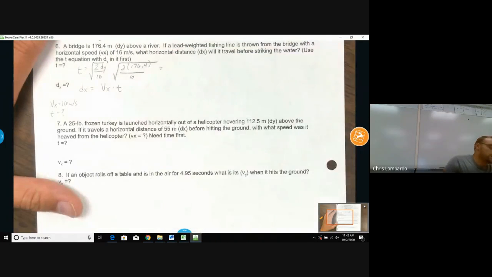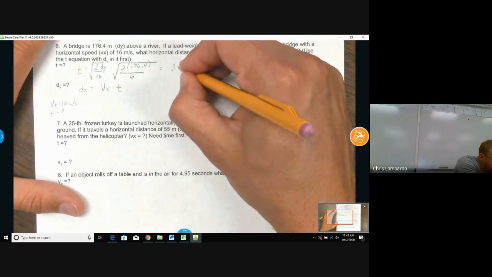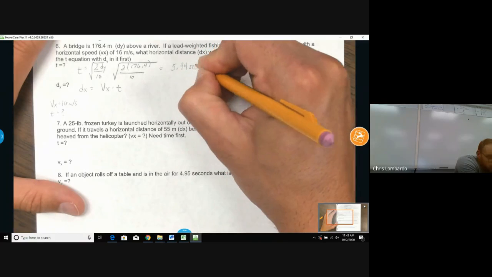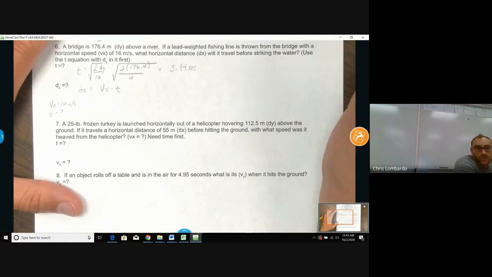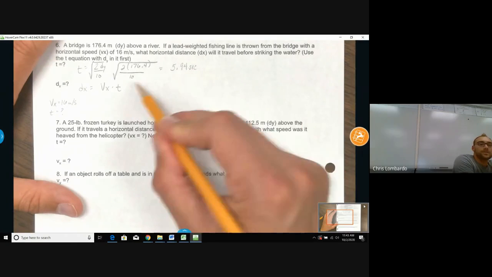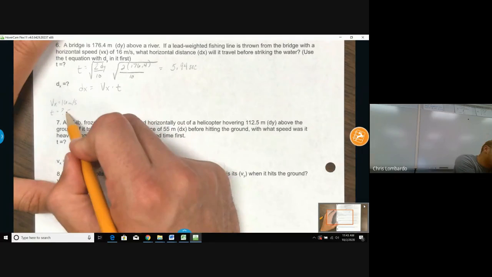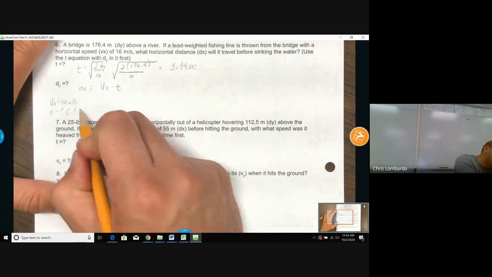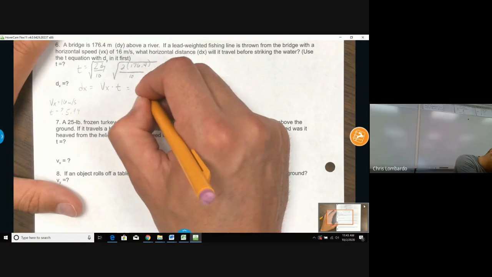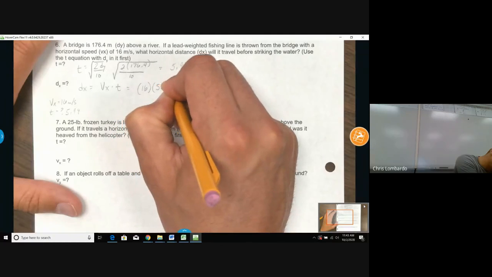Once we round, we get an answer of 5.94 seconds. This gets substituted into this equation. So now we have t, that 5.94. Then we're just going to plug it in: 16 times 5.94.